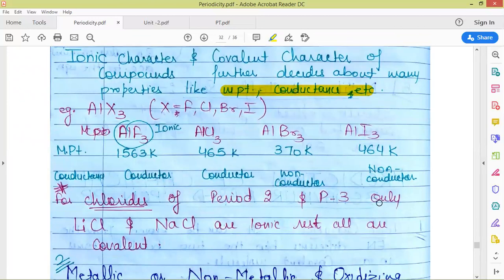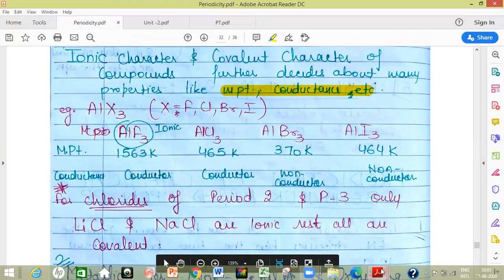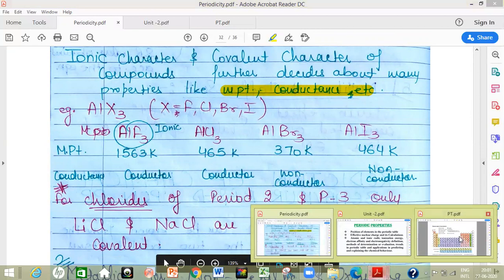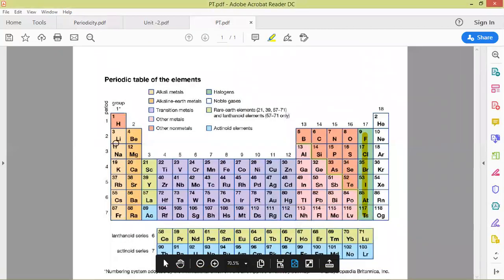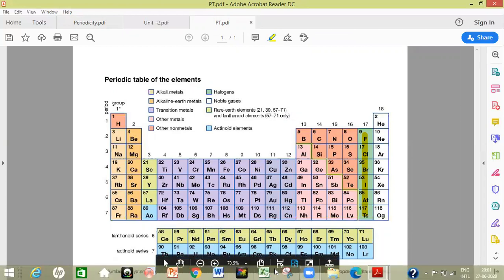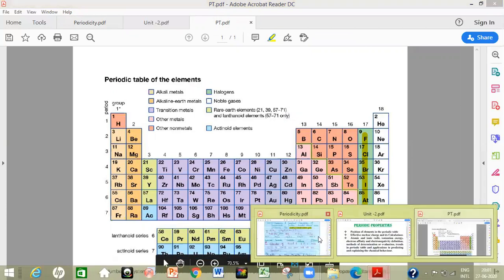Also, if we talk about chlorides of period 2 and period 3, that is, starting from lithium to oxygen and then from sodium to sulfur, only lithium chloride and sodium chloride are ionic.